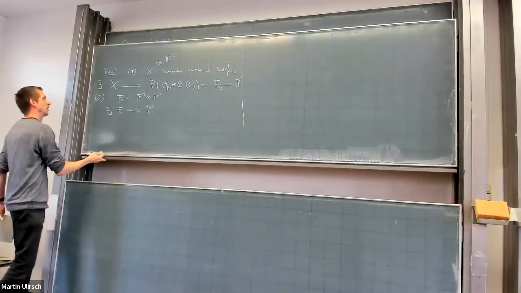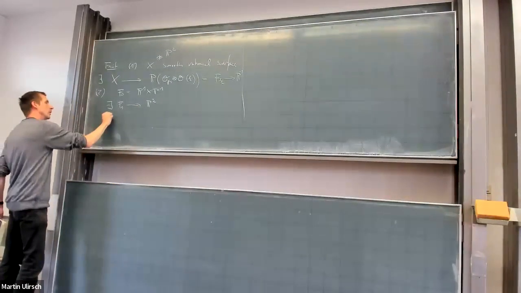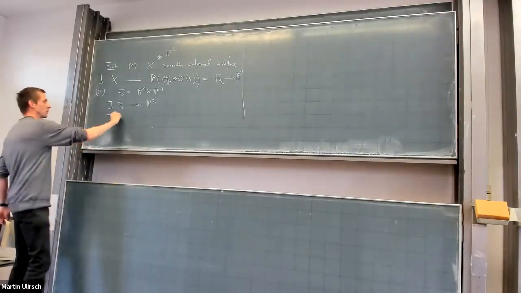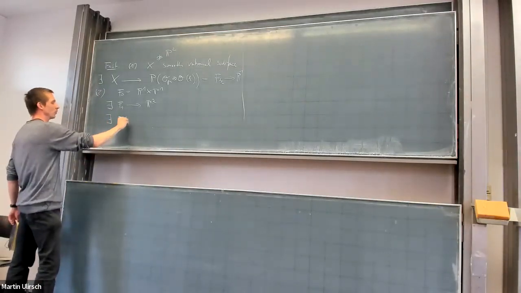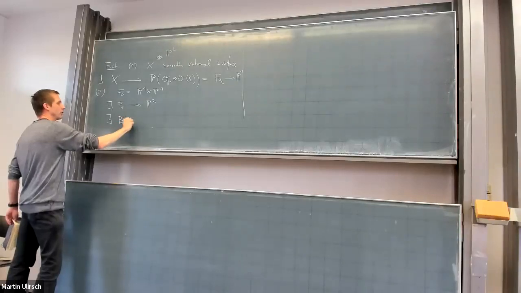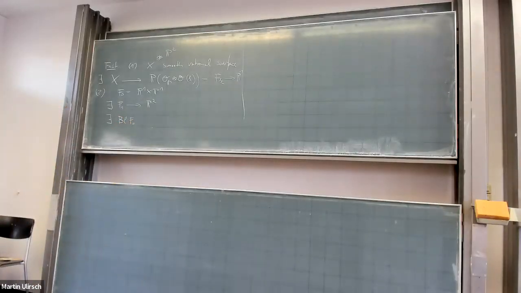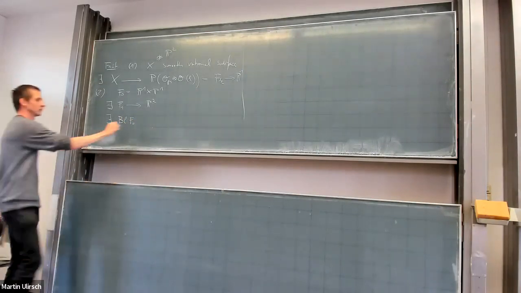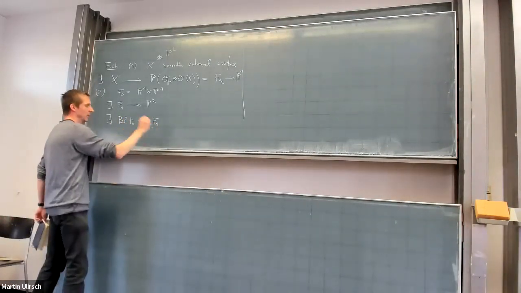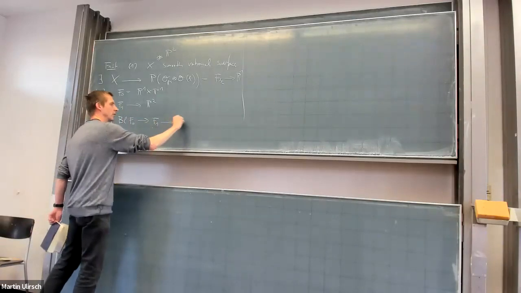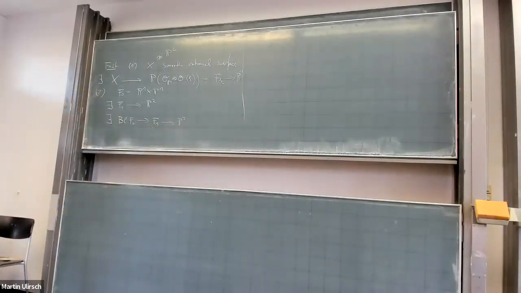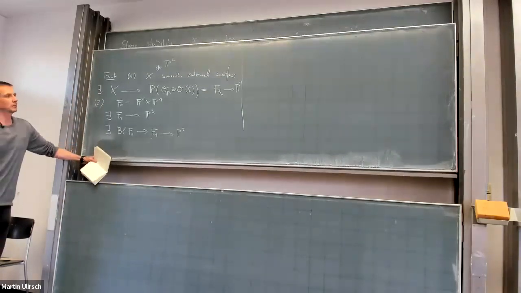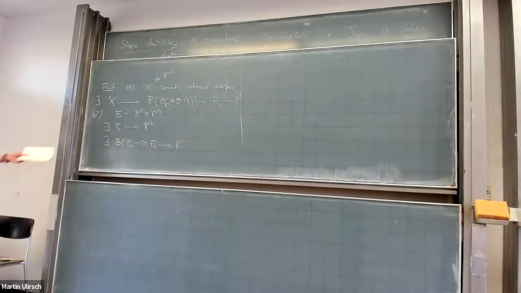Then the next question becomes: if you blow up F0, then the result is actually a blow up of F1. In particular, you can get it from P2. Okay. So this is, if you want, the structure theorem of rational surfaces.